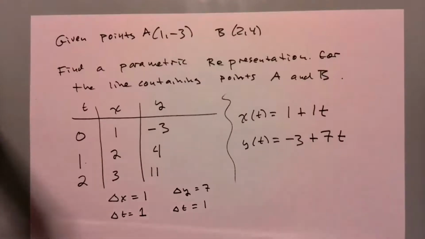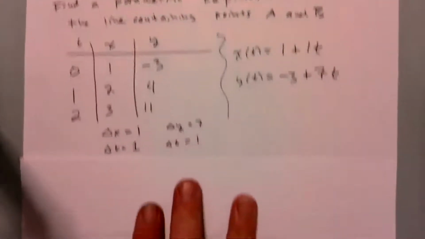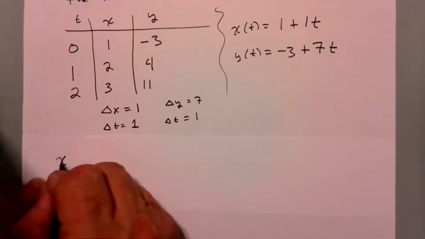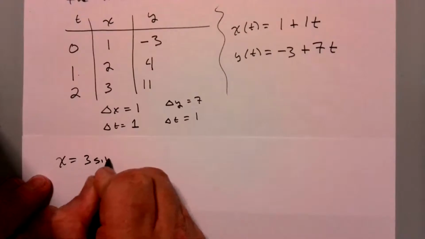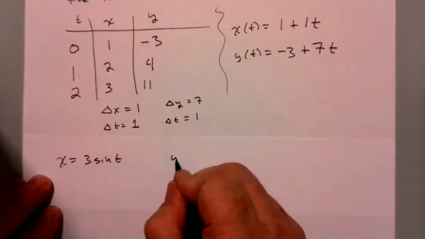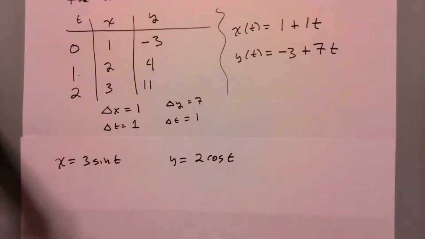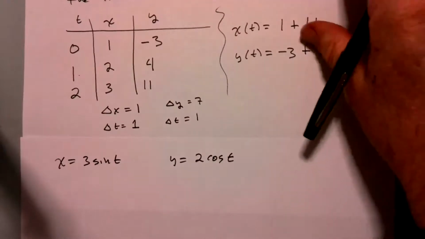All right. Next up, what are we going to have? Again, parametric equation. X equals 3 sine t. Y equals 2 cos t. Any idea what this will be?